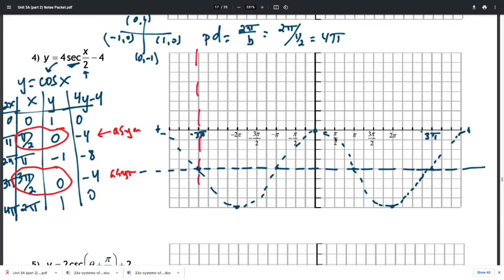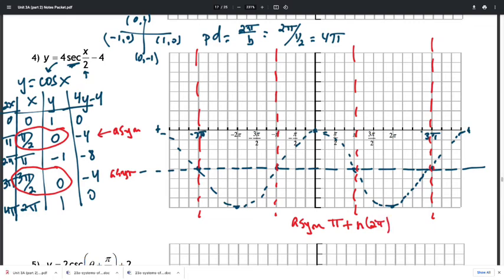So right here will be one, right here will be another, right here will be another, and then right here at 3 pi will be another. So you have asymptotes. Your first asymptote would be at pi, and then you have one every 2 pi units, so n times 2 pi.